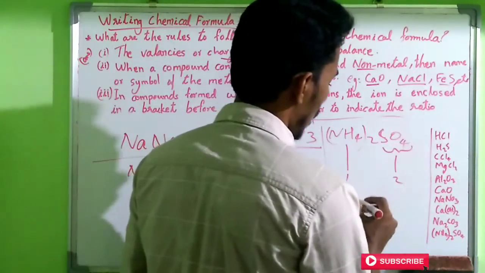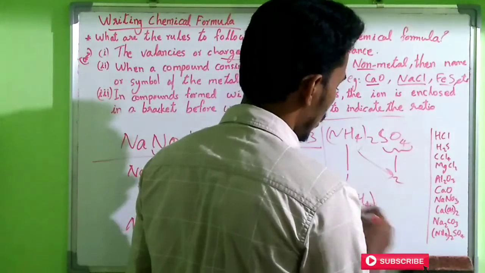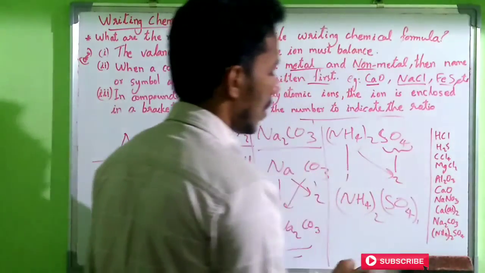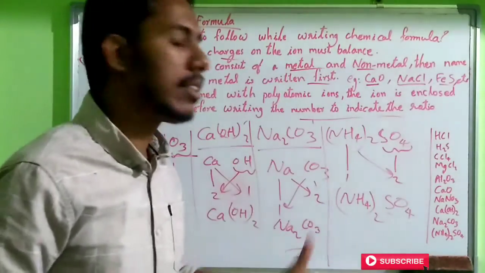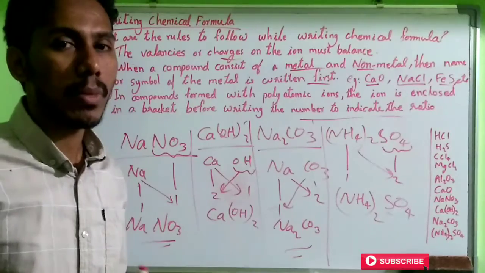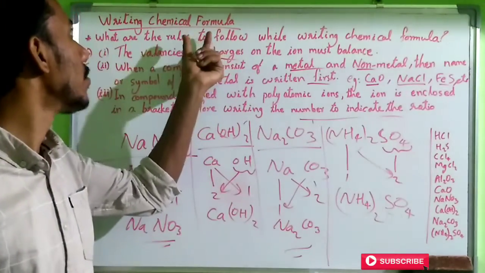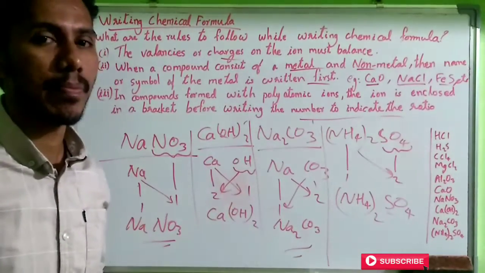So NH4 twice and SO4 once. But you need not draw this one. So you can write the chemical compound name. You can write the chemical formula of different compounds in this way.